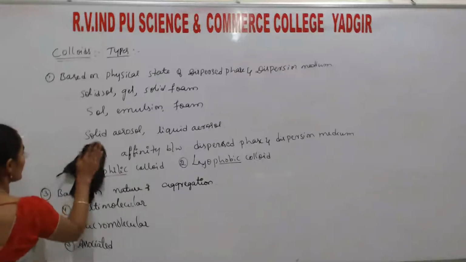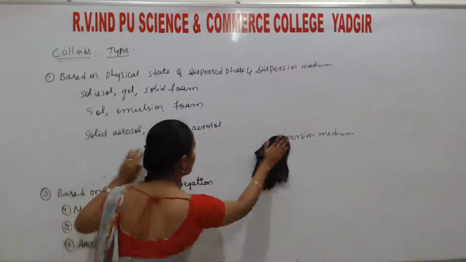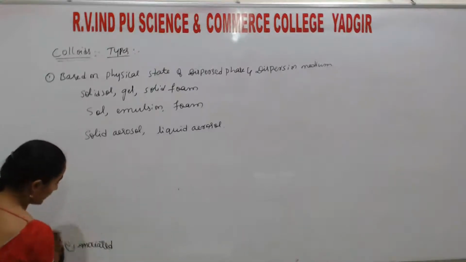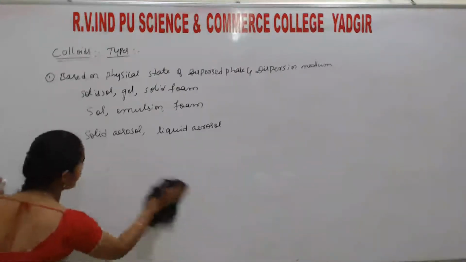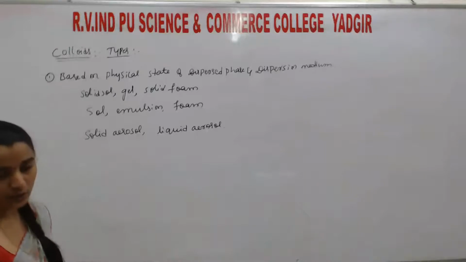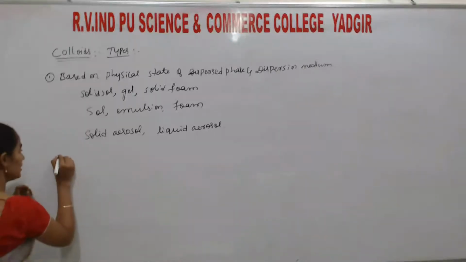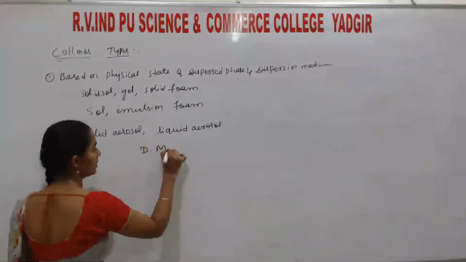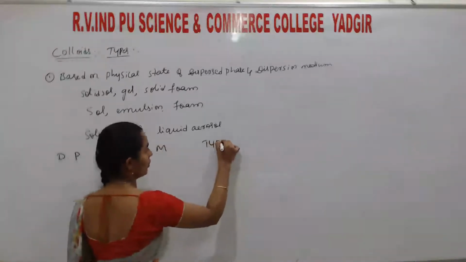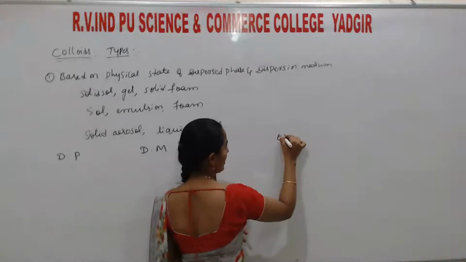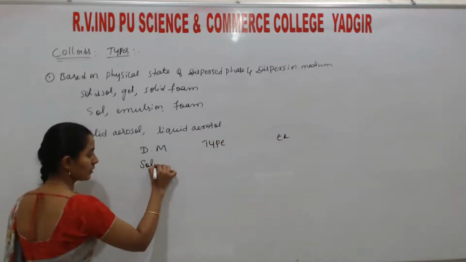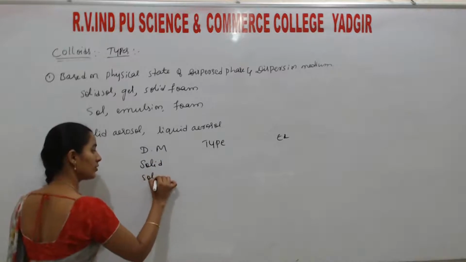So this is the first one, based on different physical phases of dispersion medium and dispersed phase. Listen, this one is the dispersed phase, this one is the dispersion medium, this one is the type of colloid, and this is the example. If the dispersion medium is solid, consider all are solid only.